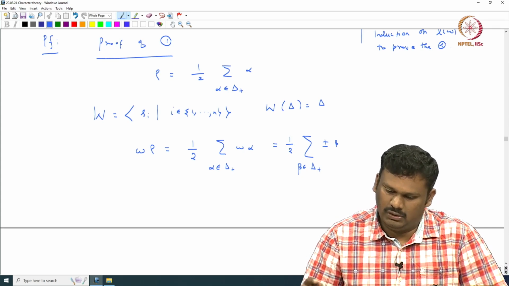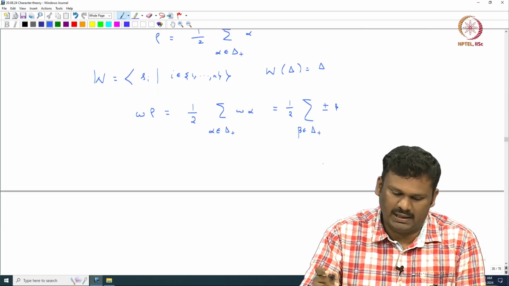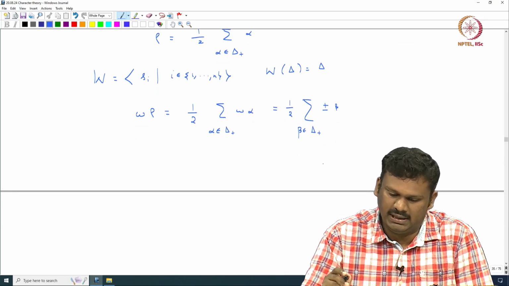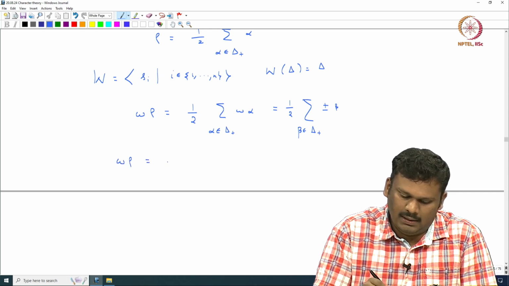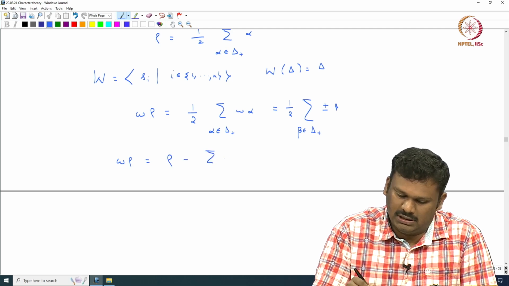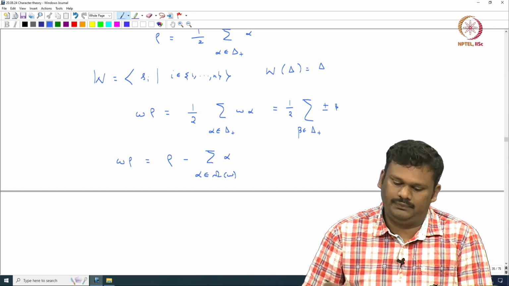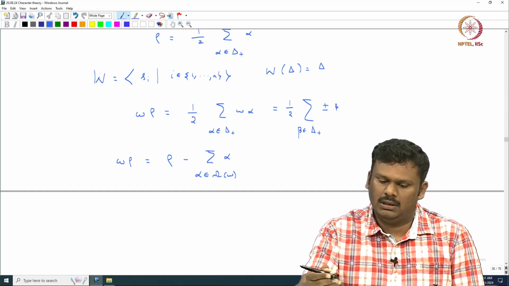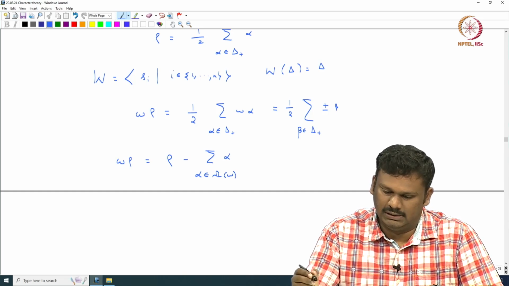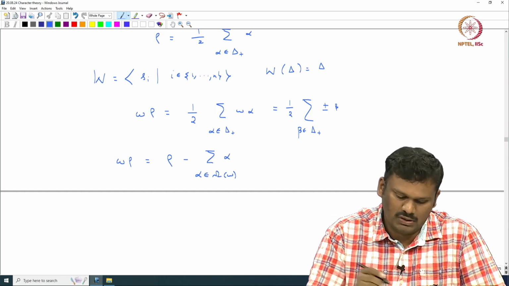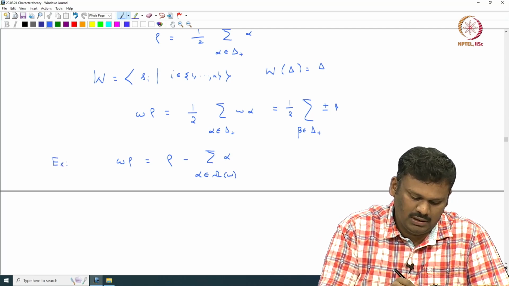I will leave it to you to check. Now you can add and subtract rho, and see that this is exactly equal to W rho, equal to rho minus the summation of alpha, alpha coming from omega of W. You just add rho and subtract rho, collect the terms, and you get this. This is straightforward from the definition.